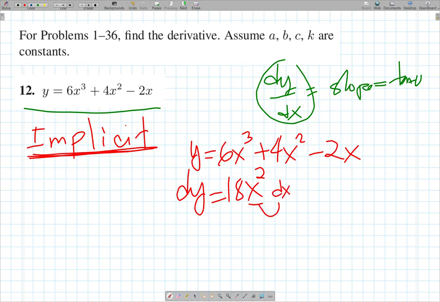The next is plus, derivative of 4x squared. 2 times 4 is 8. Then copy variable x, then 2 minus 1 is 1, and then the derivative of x is dx.